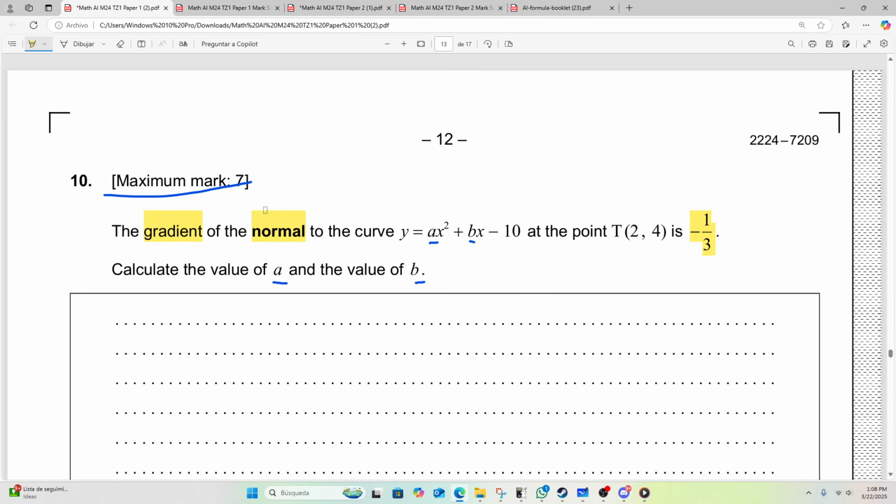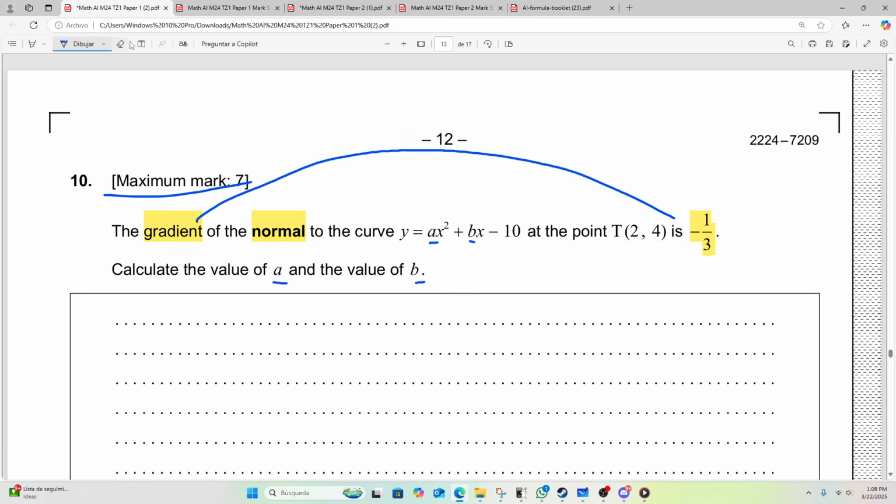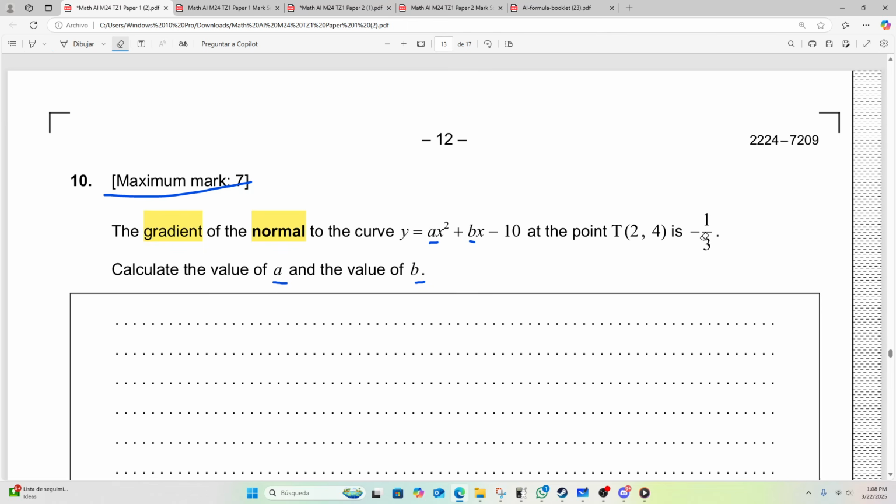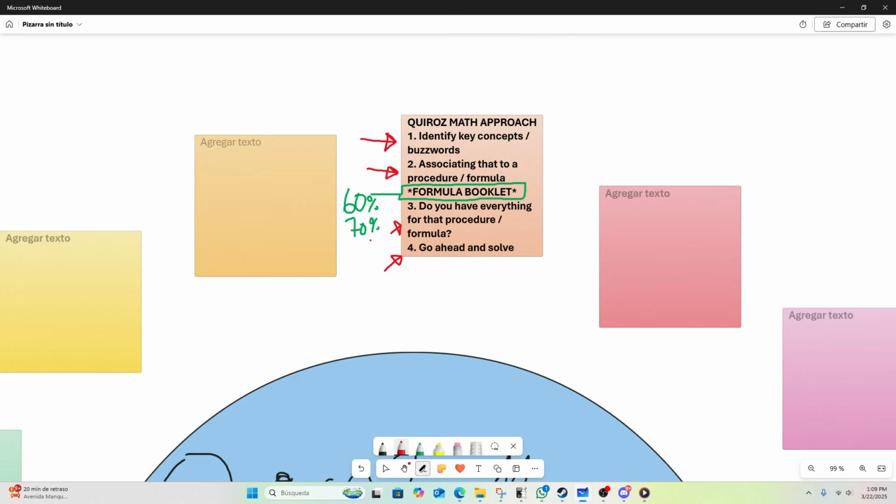If you understand those two things, because this gradient is associated to negative 1/3, if you understand gradient and normal, you're good to go, pretty much. There's 2 or 3 other things you need to do, but going from here to the procedure is the big step. And notice, going from identifying the key concepts to reaching a procedure is exactly what gets you the most points.